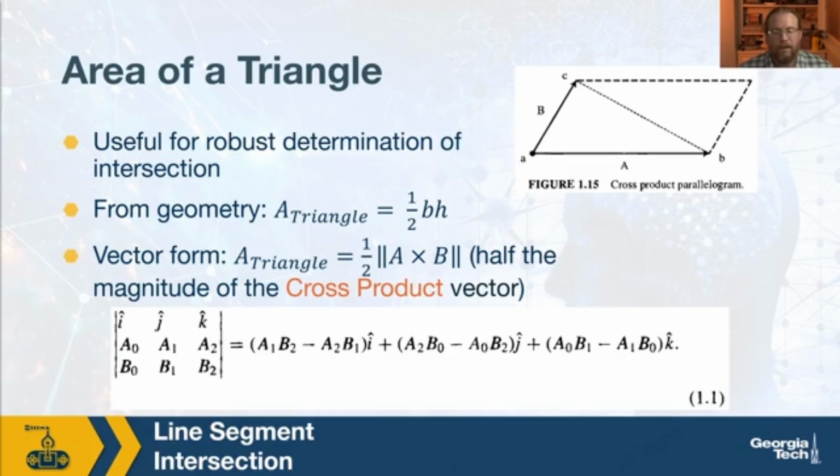So there's vector A, which goes from point A to point B, and then vector B that goes from point A to point C. So if we take the cross product of A cross B, then the magnitude of that resulting vector would be the parallelogram that is double our triangle. So from that, we can divide by 2. So that would be a way we can define it.